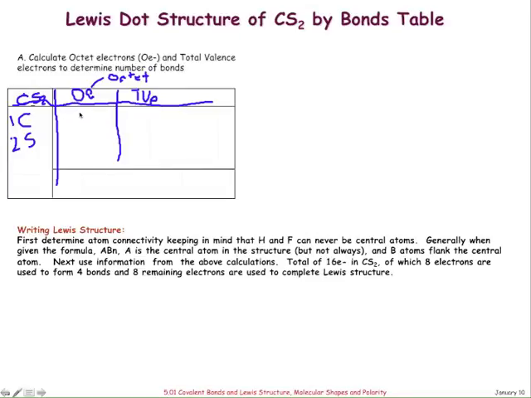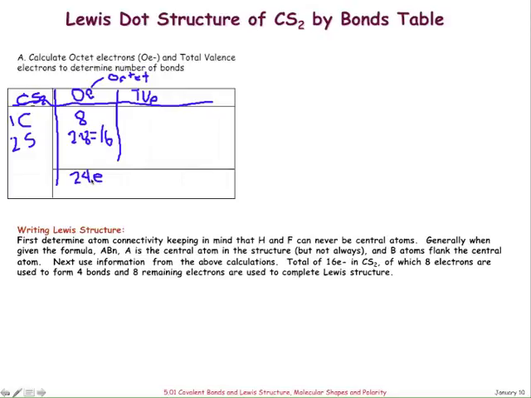So for carbon, we put 8. For sulfur, we put 2 times 8, which is 16. So for this column, if each of these elements were totally satisfied with an octet, we would have to worry about 24 electrons. Of course, we don't have 24 electrons.